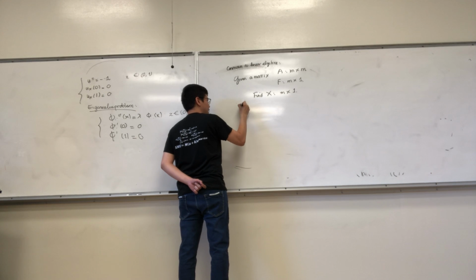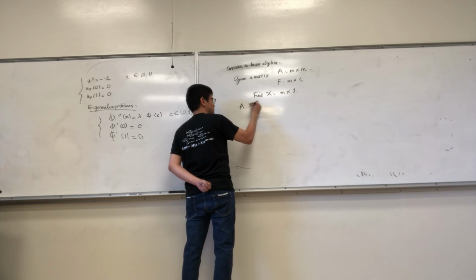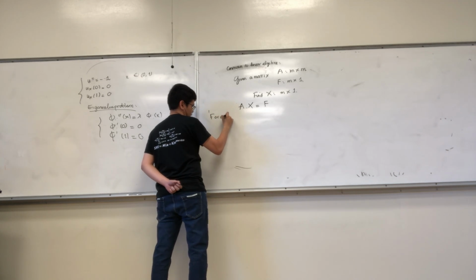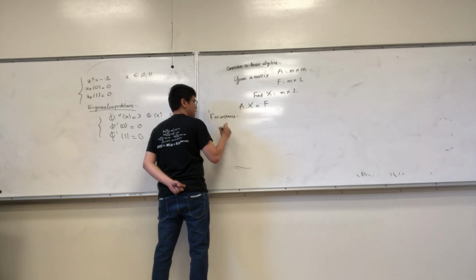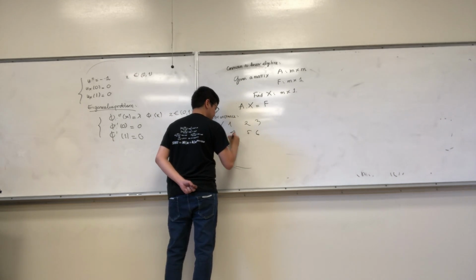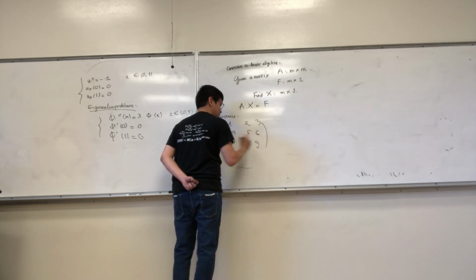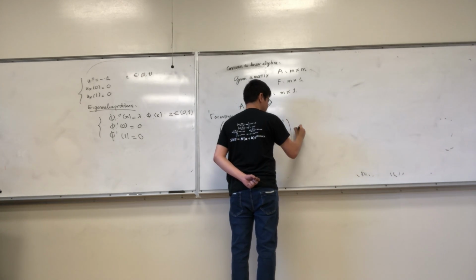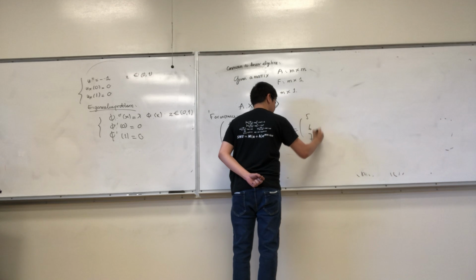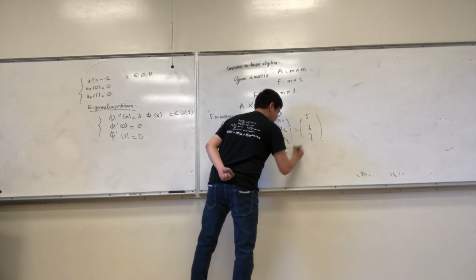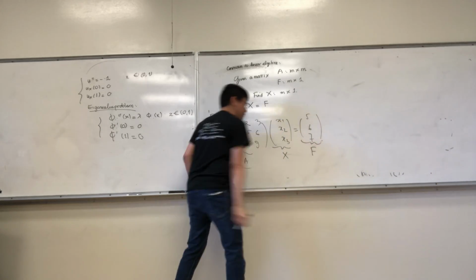And so you have A times X is equal to F. For instance, you have 1, 2, 3, 4, 5, 6, 7, 8, 9 times x1, x2, x3 is equal to 5, 6, 7. This is A, this is X, and this is F, right?